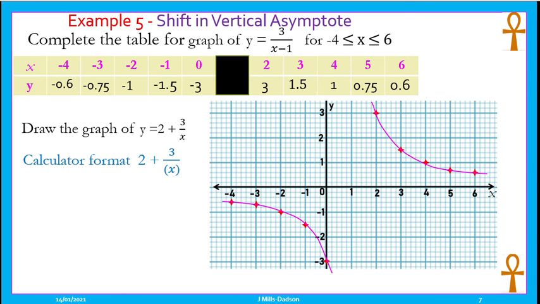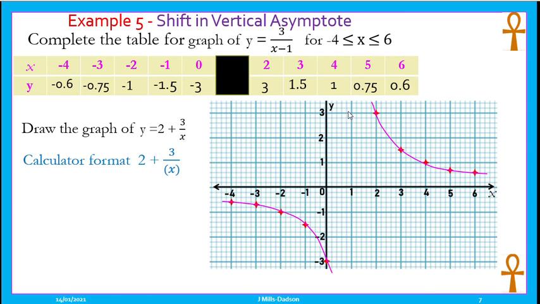Okay. Now, let's look at the horizontal asymptote. You could see that they are both getting closer to the x-axis, which is y equals 0. So that one, no problem. No shift in the horizontal asymptote. But look at what is happening. They're going to go down all the way here. So they're going to get closer to this line.